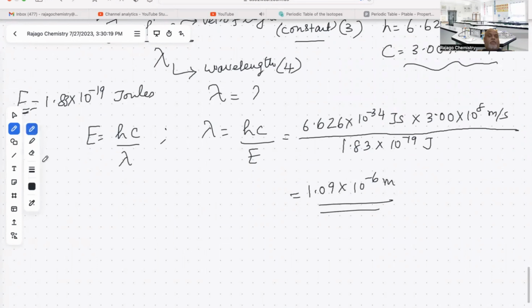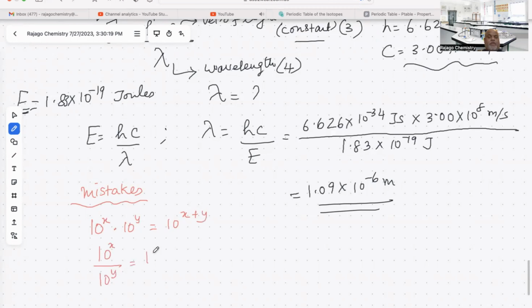What is the mistake usually students do? That's what we have to worry about here. So you have to know the mistakes. Even the AP kids make simple mistakes. We know algebraically 10 power x times 10 power y is equal to 10 power x plus y. And 10 power x divided by 10 power y is equal to 10 power x minus y.